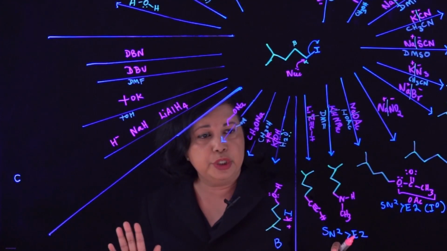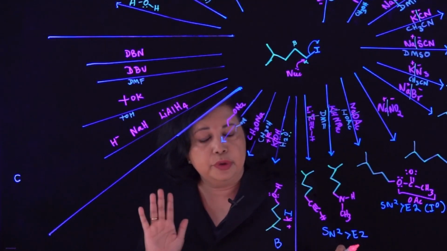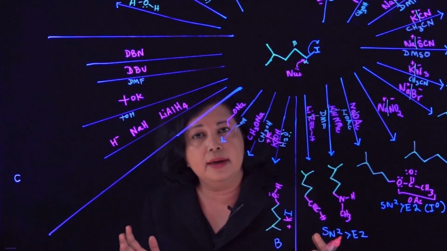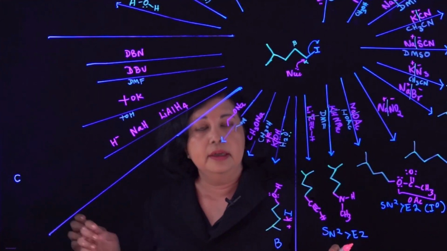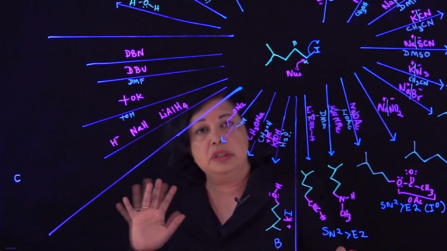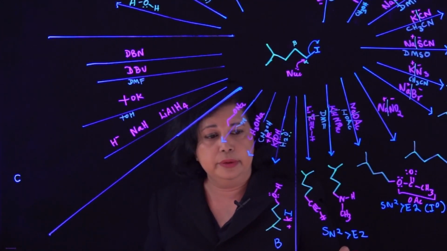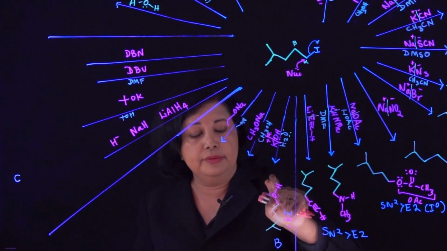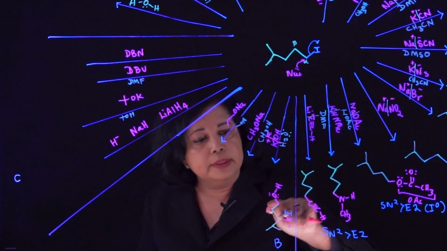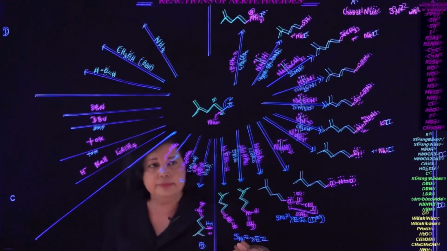The leaving group ability depends on the pKa. The pKa for this is really high, like 16 or 17. You got to be like close to 0 pKa to be a good leaving group. So therefore, this is never going to leave. So the reverse reaction doesn't happen where the iodide comes in and kicks out the hydroxyl, never.